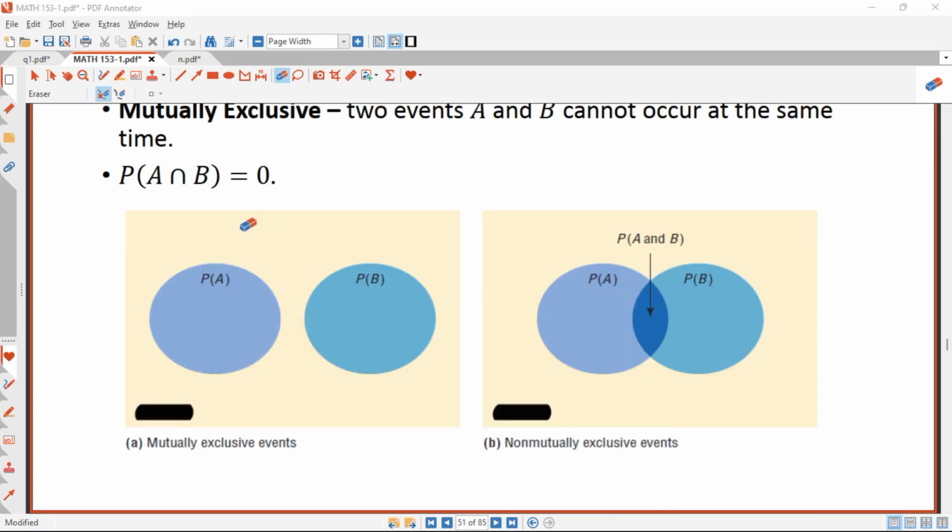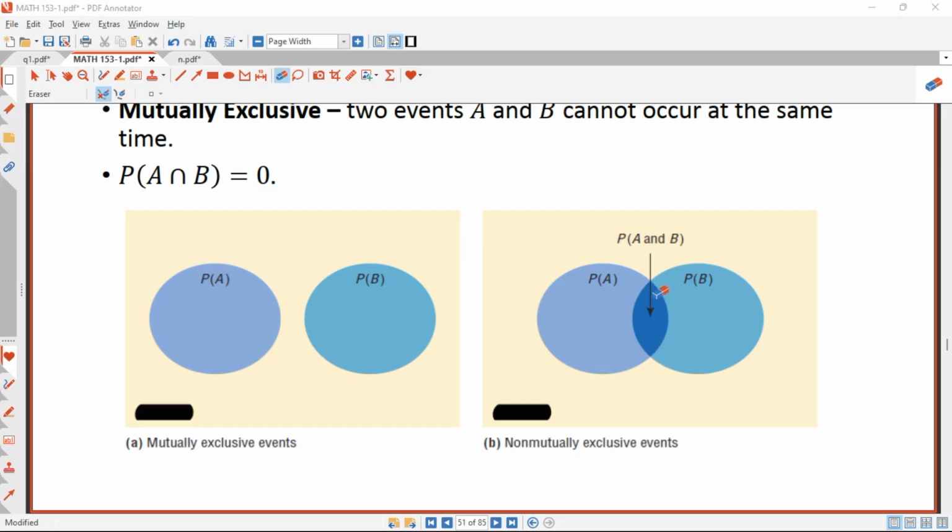This can be represented by the Venn diagram that we have here. The first circle represents the probability for A, and the second circle represents the probability for B. You can see clearly that there is no intersection between A and B, so here A and B are mutually exclusive events. In the second diagram, the first circle is the probability of A and the second circle is the probability of B, and these are non-mutually exclusive events because they have something in common.